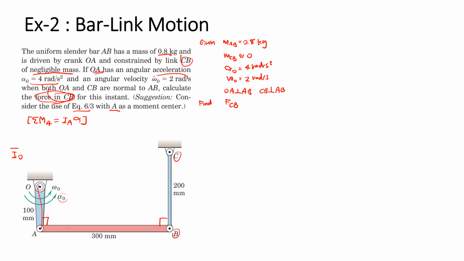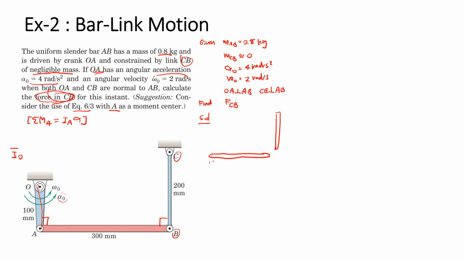So, okay, AB is in the horizontal, CB is in vertical.